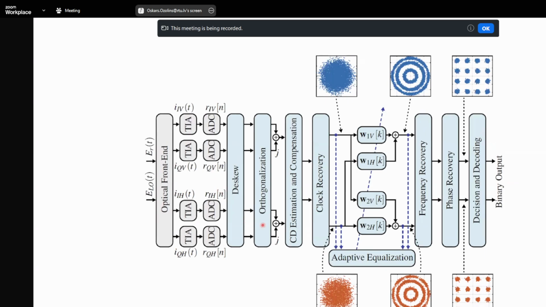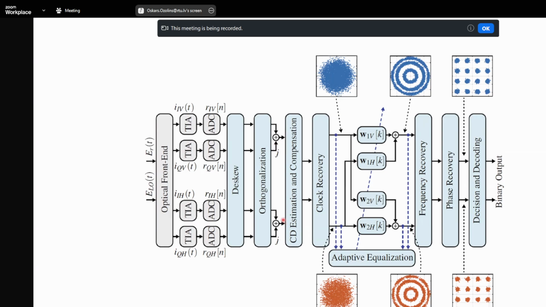Then there is orthogonalization, which needs to be done, and then you make a complex signal out of I and Q, so the real and imaginary value of a complex number. So here you're already dealing with complex numbers.